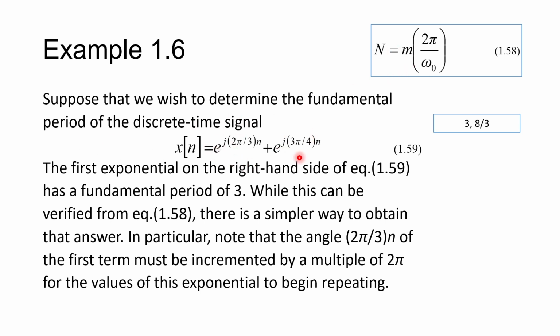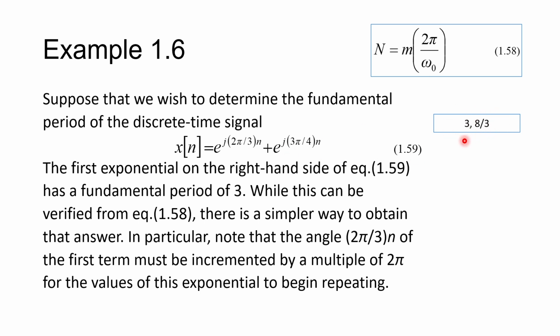Now we have those two parts, and you can calculate 2 pi divided by omega 0. Omega 0 for this part is 2 pi divided by 3, so 2 pi divided by omega 0 is 3 here. And for this part, omega 0 is 3 pi divided by 4, and 2 pi divided by omega 0 is 8 over 3.